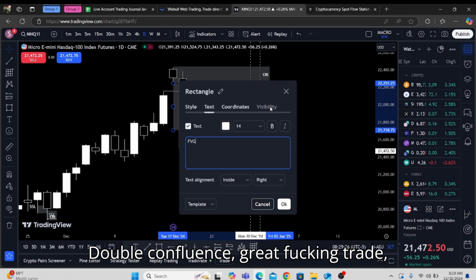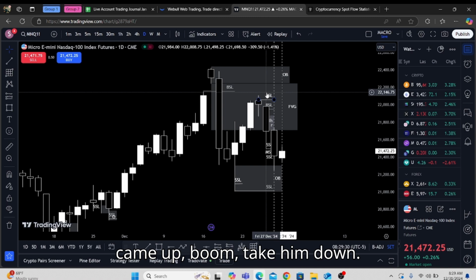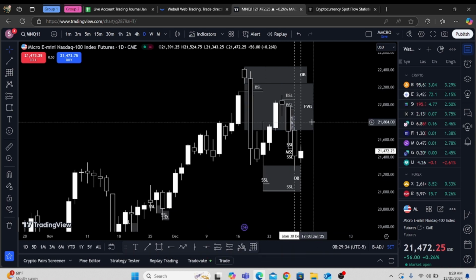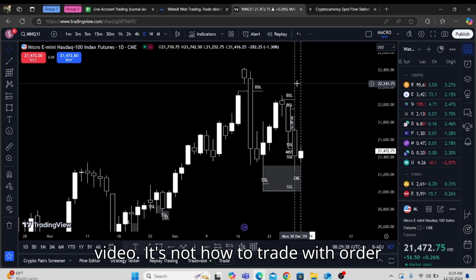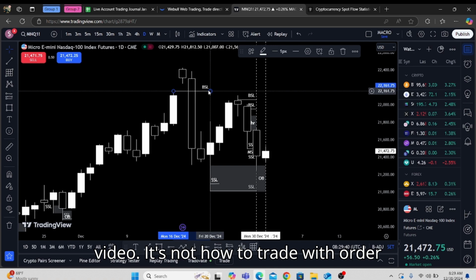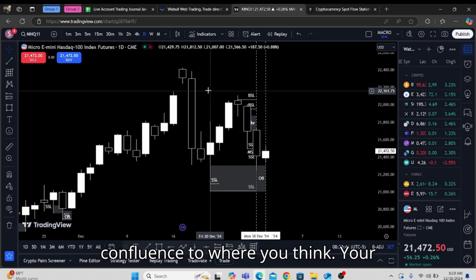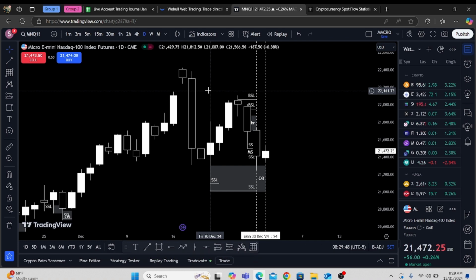Double confluence, great trade. Came up, boom, take him down, that's that. Now remember, this is just an order block video. It's not how to trade with order blocks. You just use order blocks as a confluence to where you think your trade is potentially going to go.